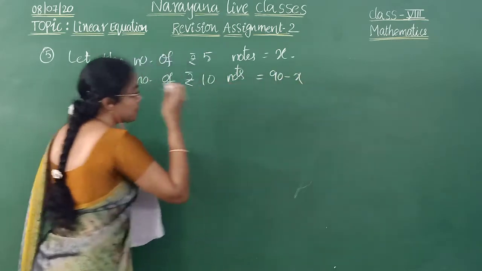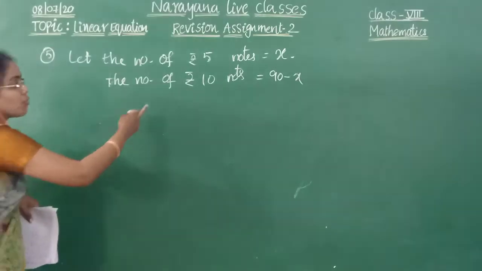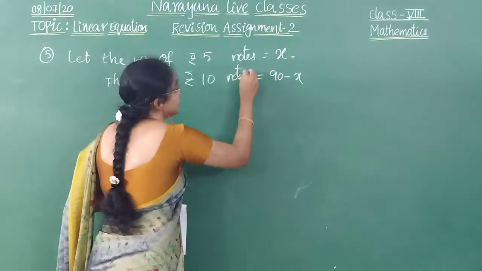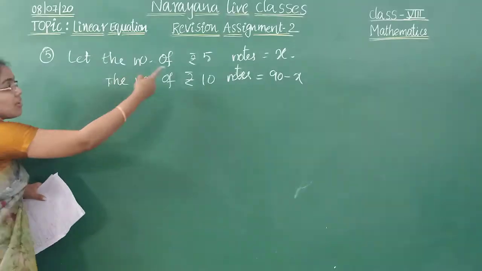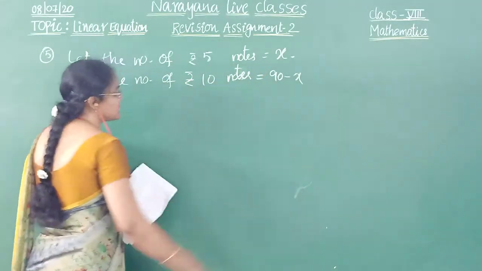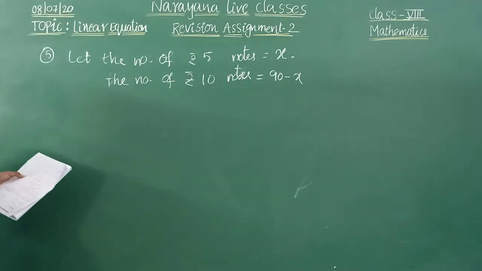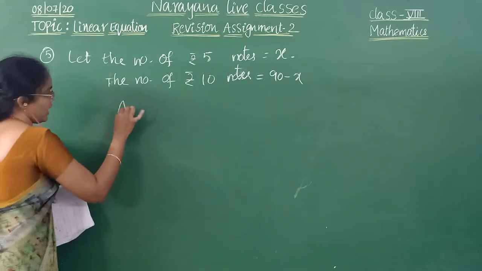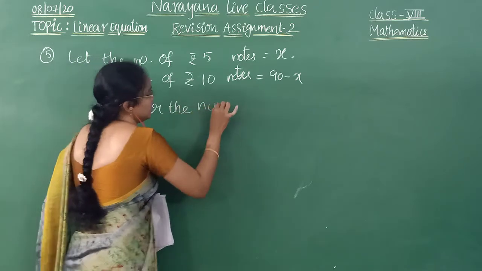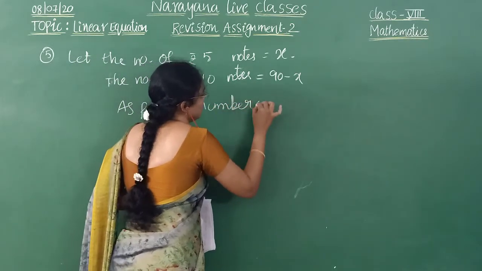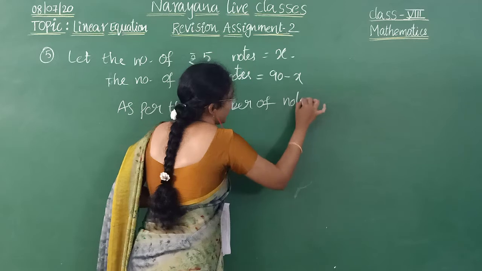Why did we take 90 minus x? The total number of notes is given as 90. So we take 5 rupee notes as x and 10 rupee notes as 90 minus x, as per the number of notes 90.